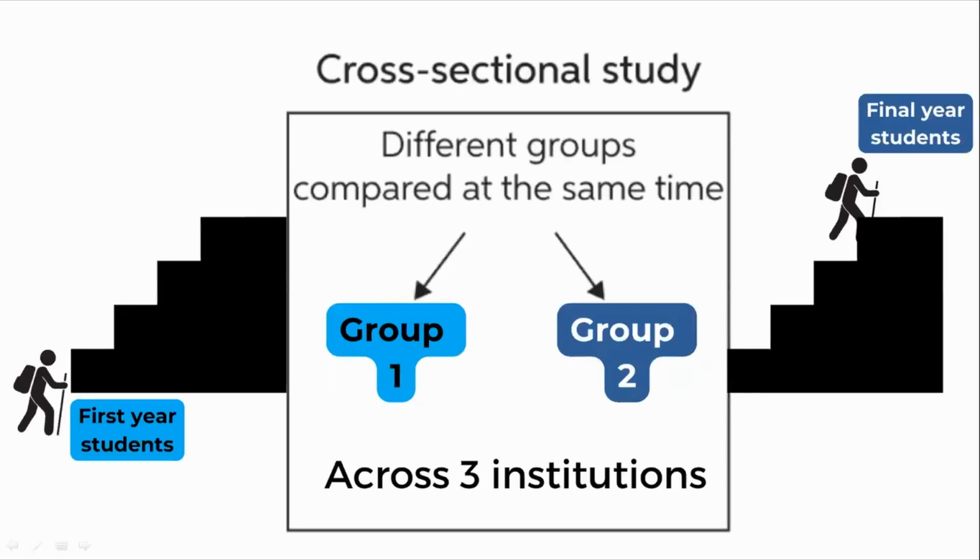Like I said, it was a cross-sectional study. And what I've done is I've taken the first group, which is a composite of 3 different institutions. So group 1 was first years from 3 different South African institutions. And group 2 were final year students from the same 3 institutions.